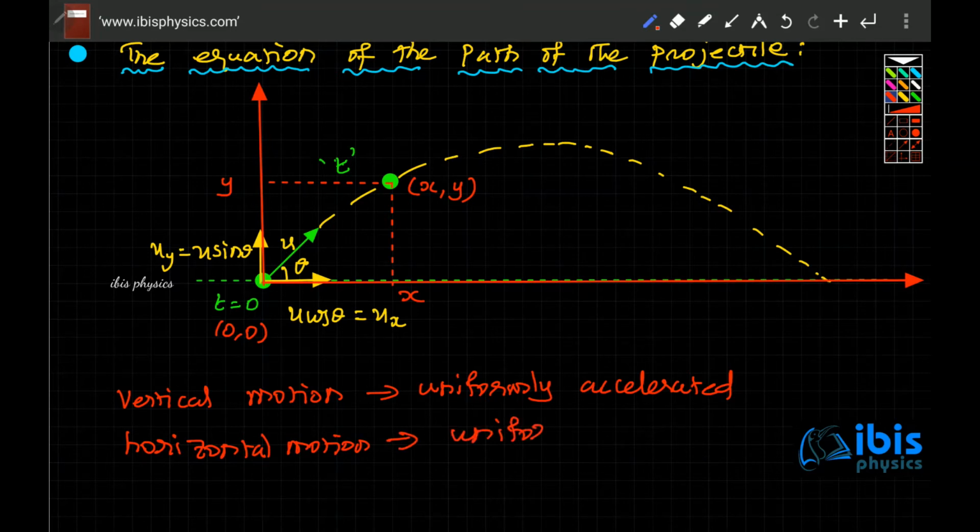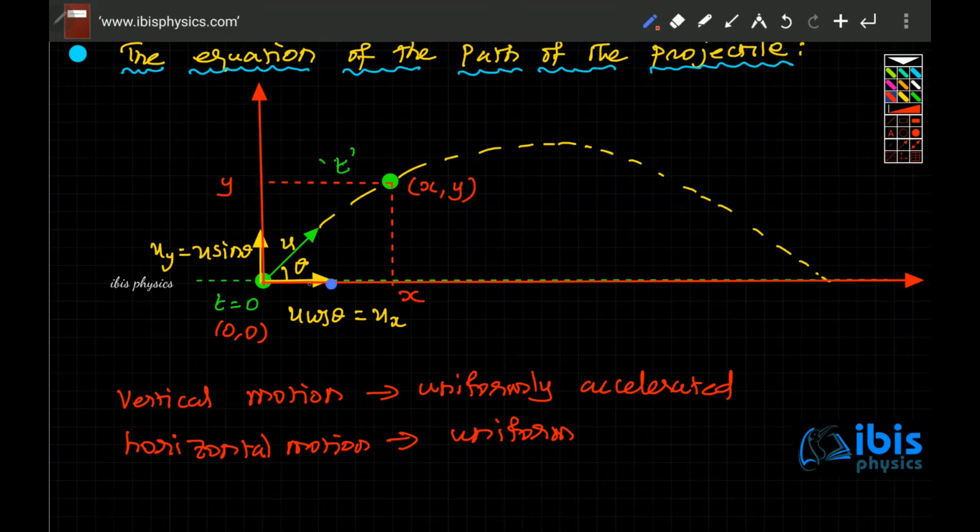Since the projectile is a combination of these two motions, the horizontal component of the projectile is not accelerated, while the vertical component of the projectile is affected by gravity.